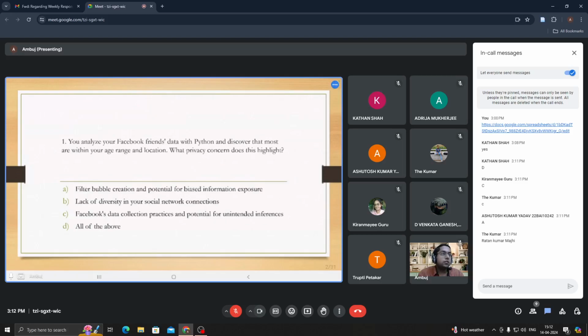Whomsoever have answered option C, if they can just type in the comments why they feel A and B are not the correct options, then I would be able to know how you are thinking regarding this particular question.